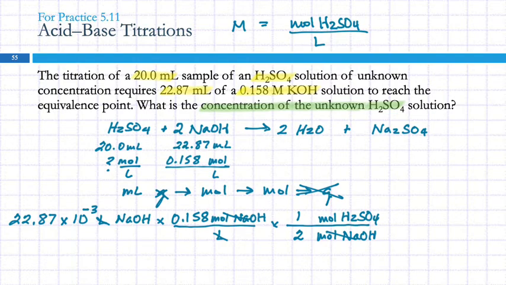And so then we're going to calculate that. 22.87 EE -3. That's not proper scientific notation, but your calculator doesn't care. Times 0.158 divided by 2.